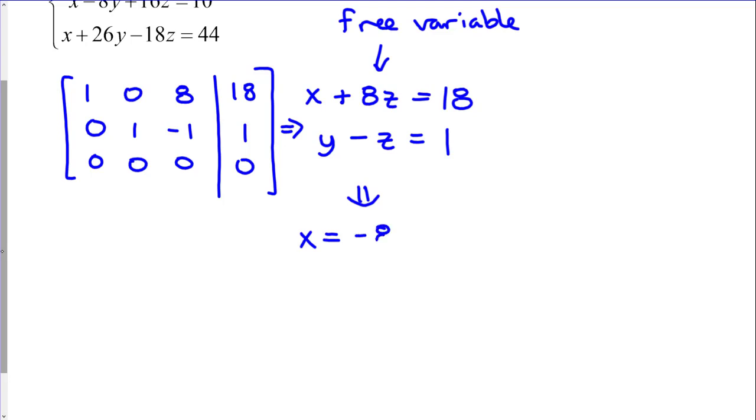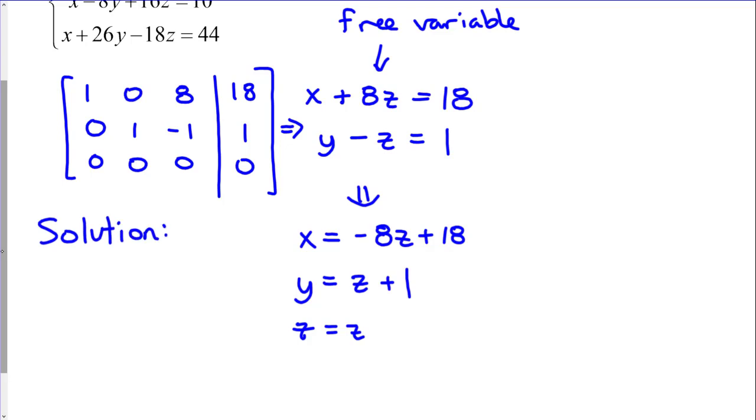So x equals negative 8z plus 18, y equals z plus 1, and then z, since it's a free variable, since it's arbitrary, I just let it be equal to z. So my solution, parameterized, looks like this. x is negative 8z plus 18, y is z plus 1, and z is just z. So that is the solution to the system.